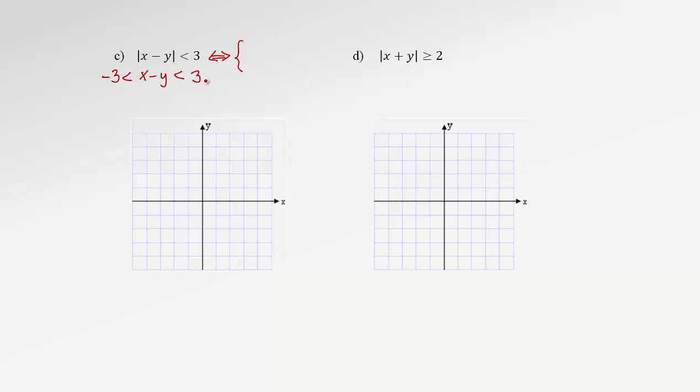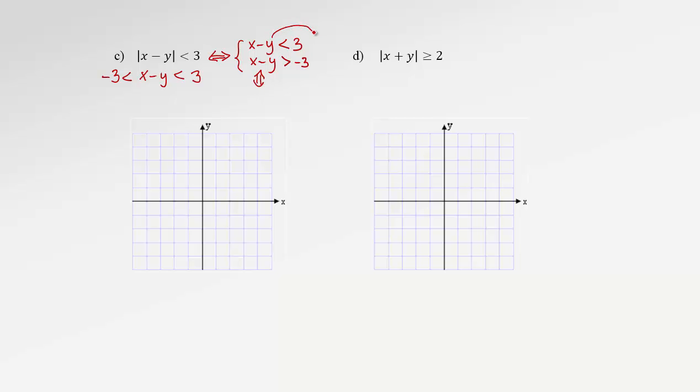If I want to rewrite those inequalities, it will be x minus y smaller than 3 and x minus y bigger than -3. Since it will be easier to graph if we have inequalities given in an explicit form, that means starting with y, let's rewrite it again.